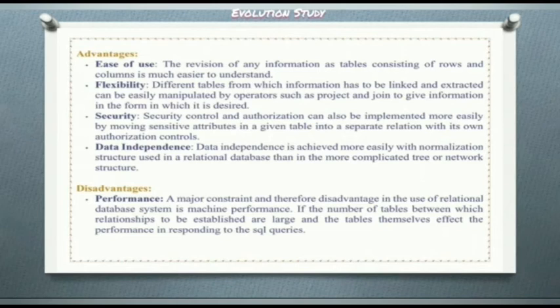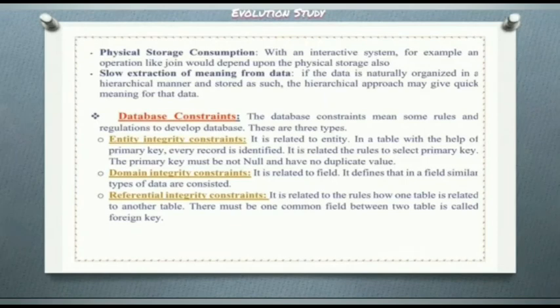If the number of tables between which the relationships are to be established is large, and the tables themselves are large, this affects the performance in responding to sequential queries. Physical storage consumption. With an interactive system, for example, an operation like join would depend upon the physical storage also. Slow extraction of the meaning from the data. If the data is naturally organized in a hierarchical manner and stored as such, the hierarchical approach may give quick meaning for the data.